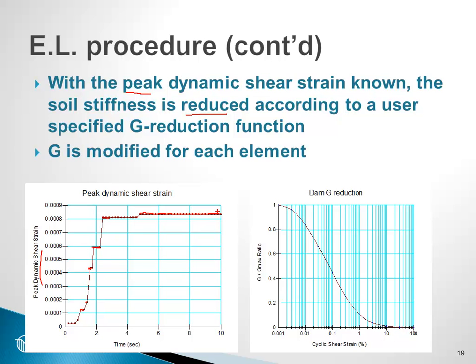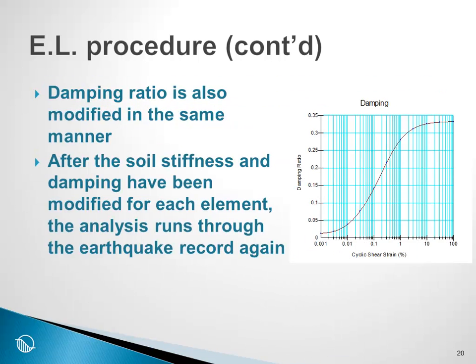So even though there is earthquake shaking after this point, the shear strain never exceeds this peak value. So the whole objective here is to find this peak value. The damping ratio is also modified in the same manner.